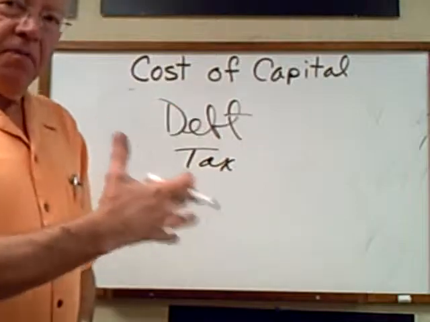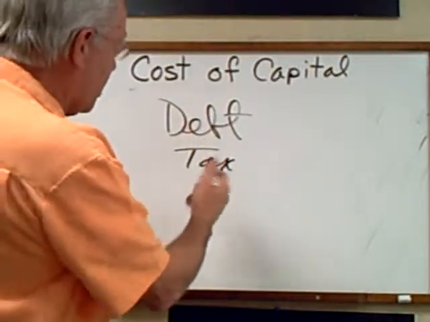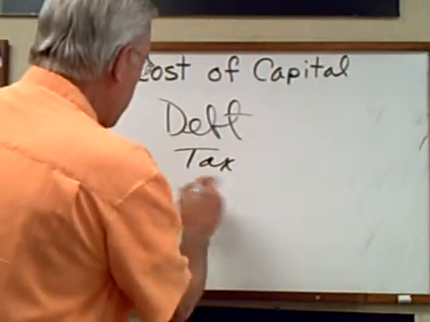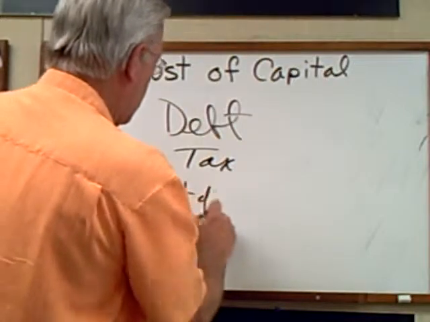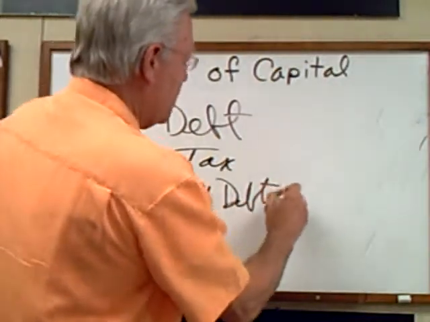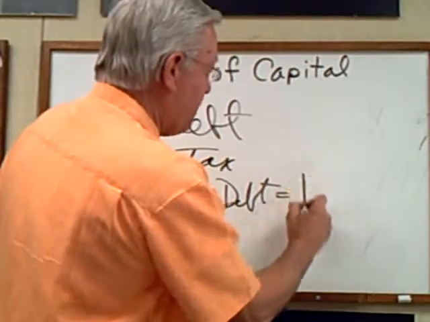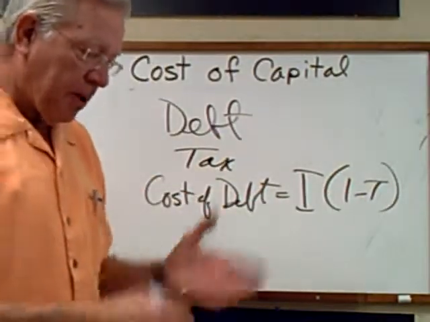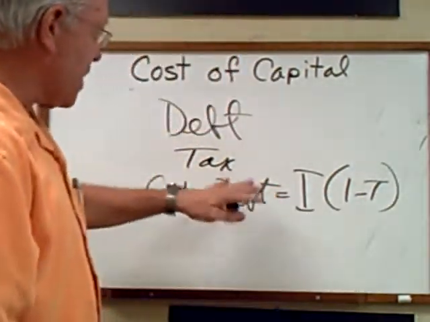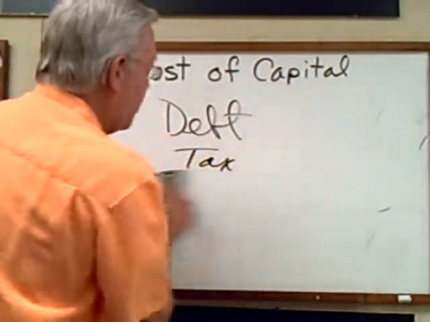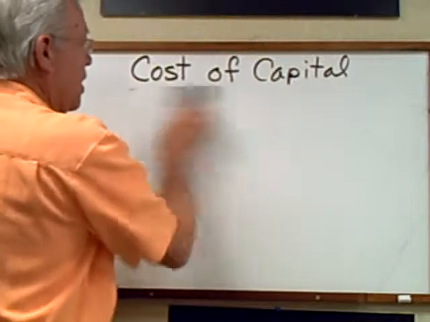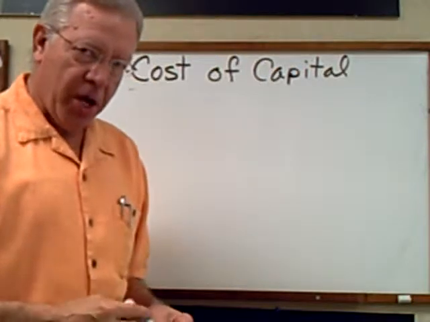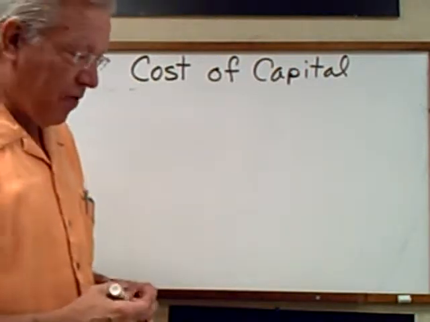So if I look at the cost of my debt, the real cost of the debt is 1 minus the tax rate. So the cost of debt might be the coupon payment interest times 1 minus the tax rate. That's one of the elements that comes into play, but we're not going to worry about that. We're just going to say I've got a cost of debt, and the cost of debt is determined based on your chapter 10 determination of what it really costs you to give that debt out.